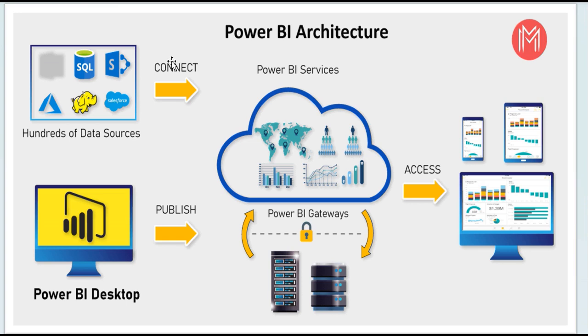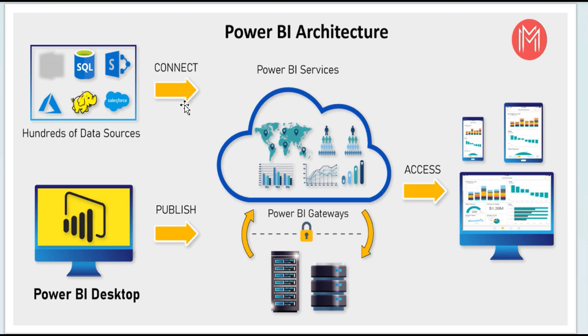We can connect from resources like Excel files, CSV files, JSON files, and web APIs. Businesses store their data in different systems. For example, sales data in SQL Server, employee data in Excel, customer data in Salesforce, and website data in the cloud. Power BI can connect to all these resources.